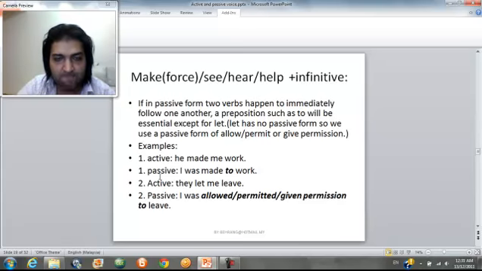And sometimes, as I told you, if the verb is let, because there is no passive form for the verb let, we can't just add a preposition like to and finish it. No, we have to put a form of allow, permit, or give permission instead. So: I was allowed, or I was permitted, or I was given permission to leave.